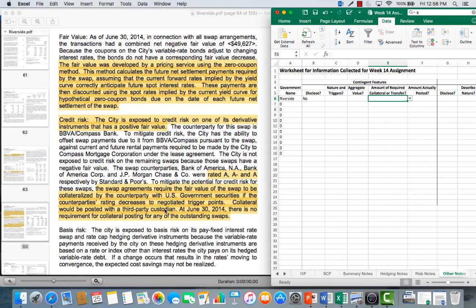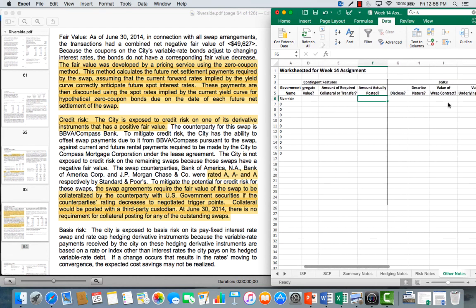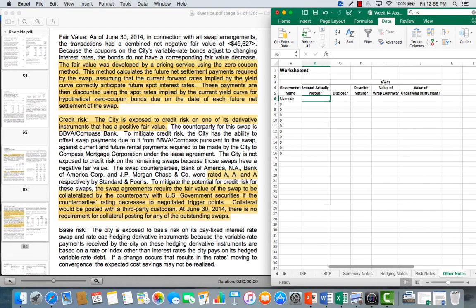The terms might also say something about the amount that has to be posted or transferred. In this case, we're talking about contingencies that affect the government, where the government would have to post collateral. And sometimes they will identify what that amount is. So you would click yes or no if they had. And then if any amount has actually been posted, they should disclose the amount that has been posted. And that's what I'd like you to do, to say yes or no here, not to post the amount.